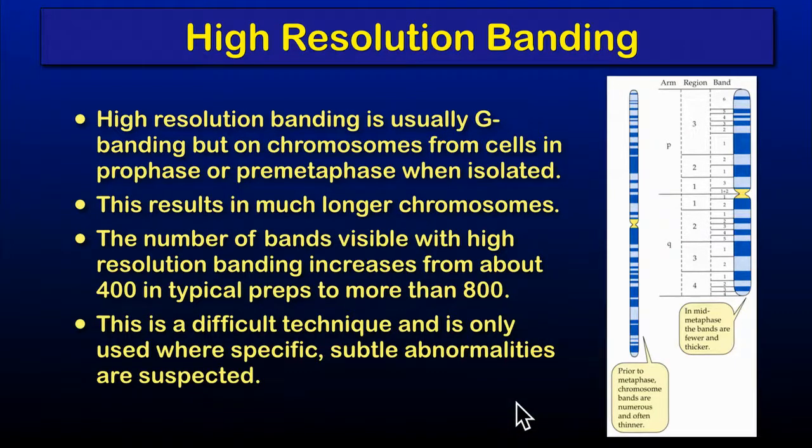If the chromosomes are more extended, they tend to overlap a whole lot more when you do the spread. And so this is a technique that requires a lot of specialization, and it's really only ordered if it is absolutely necessary, so if it's a really subtle abnormality. Largely another process called FISH has replaced this.